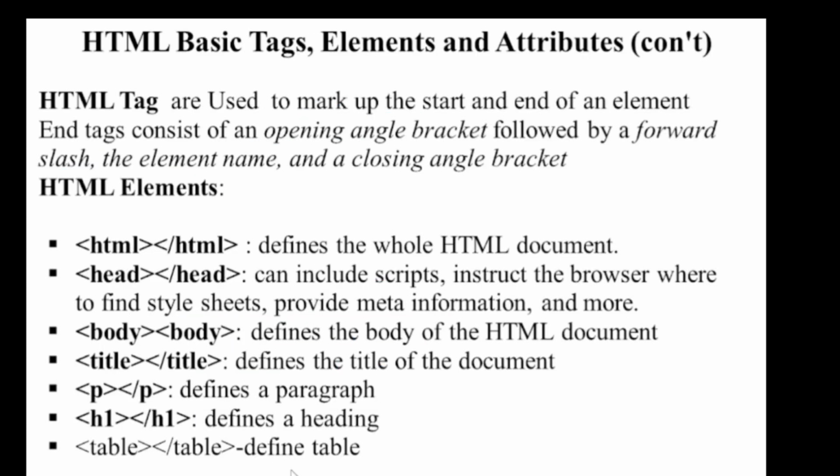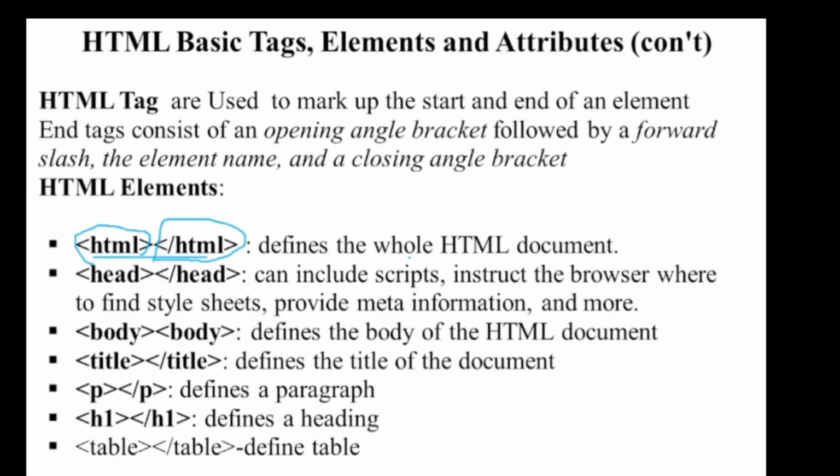And the next one is basic tag element attributes. Already we have said a lot about element and attributes. Let's come to this, the basic. These are the basic in our web development. The first one is HTML. Look, this HTML. This is the opening. This is the closing tag.